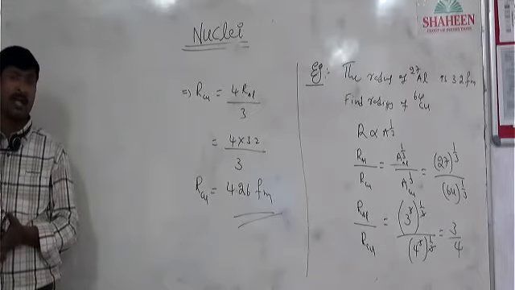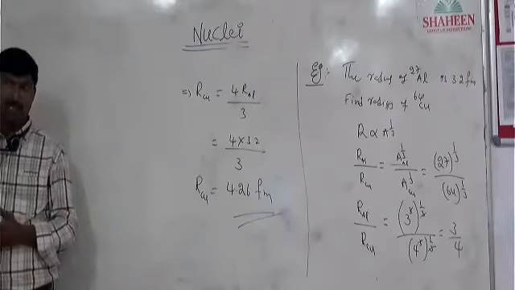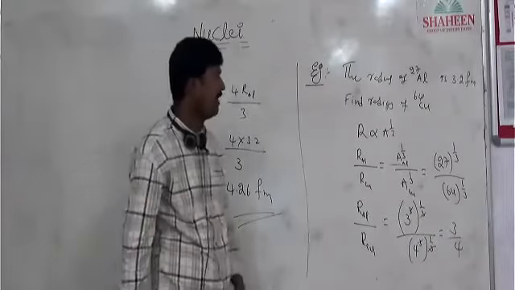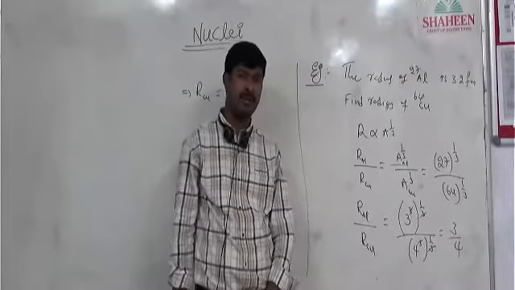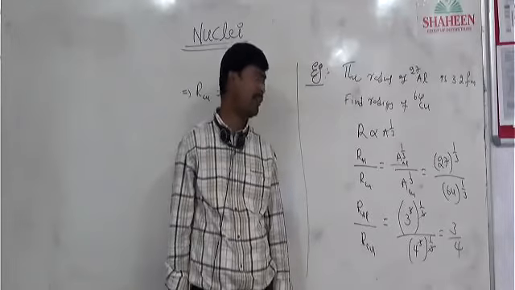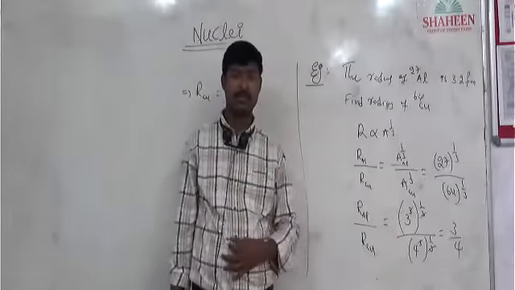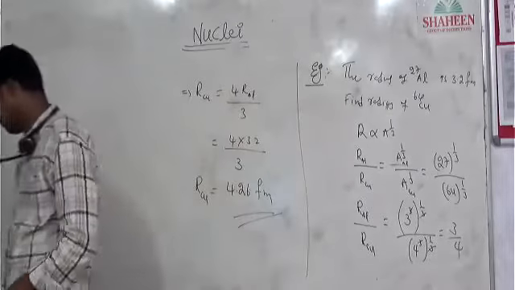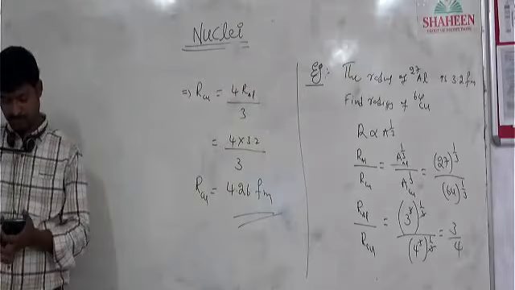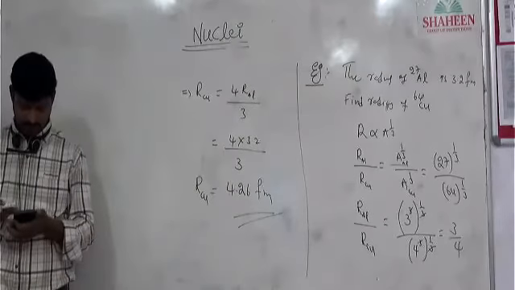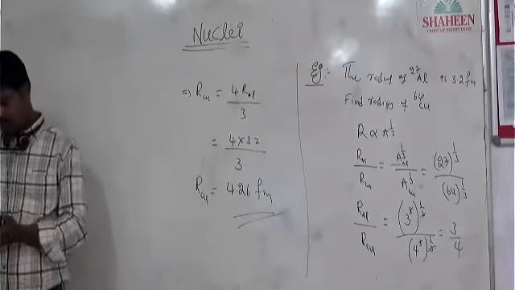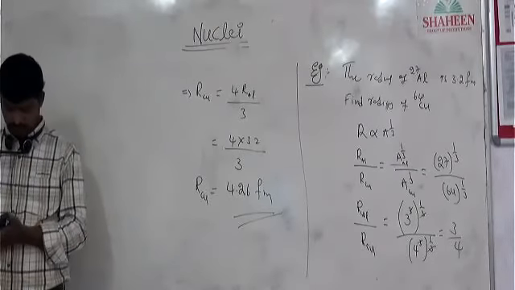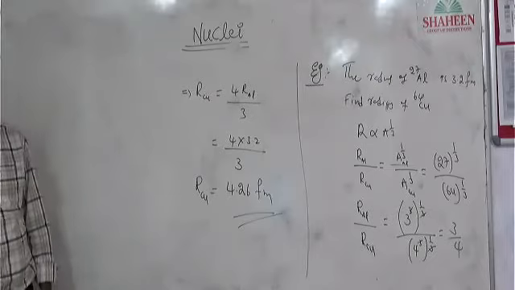A is the number of nucleon. Z is the atomic number. So 27 is what? Atomic mass number only, nucleon number only. 64 and 27 are mass numbers, nucleon numbers. So one more question you see. Atomic mass you do not consider.